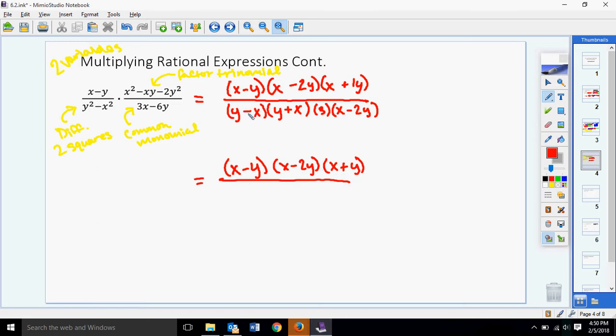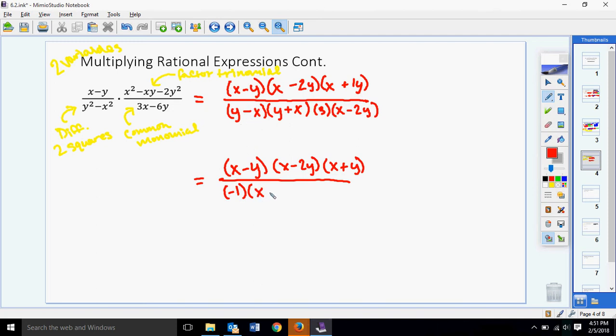Now looking at our denominator, how could I change y minus x to look like x minus y? Well, I can factor out a negative. So if I factor out a -1, that's going to change the sign. That's going to turn my y negative and my x positive.